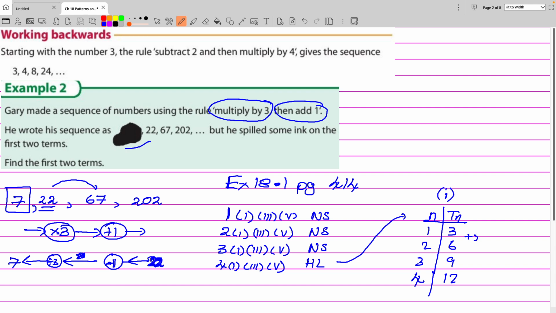That's going to be plus 3, isn't it? Plus 3, plus 3. And what do I want you to do? Common difference is 3, therefore linear.